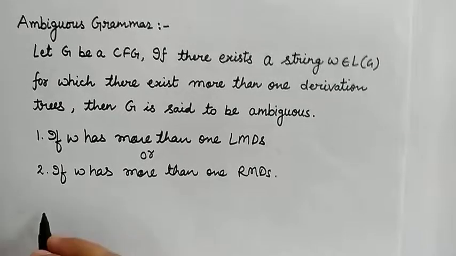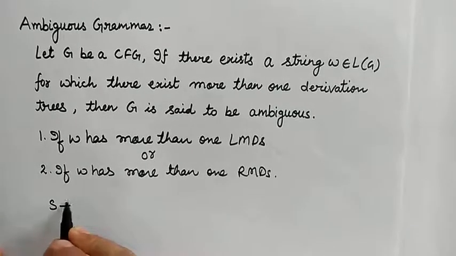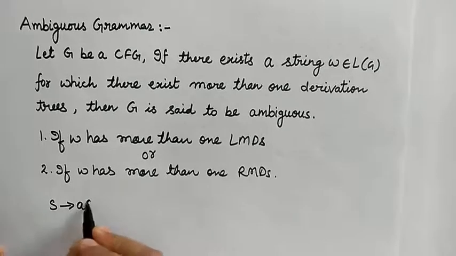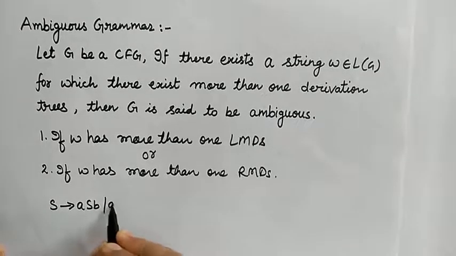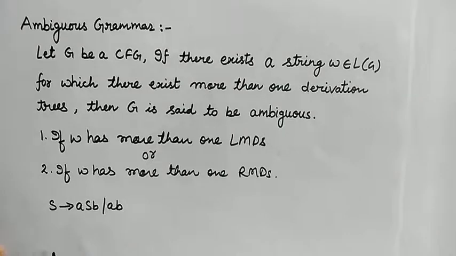Here the grammar S → ASB | AB. You see this grammar, and if we want to derive any string from this grammar, there would be only one derivation. No other derivation is possible for any string.